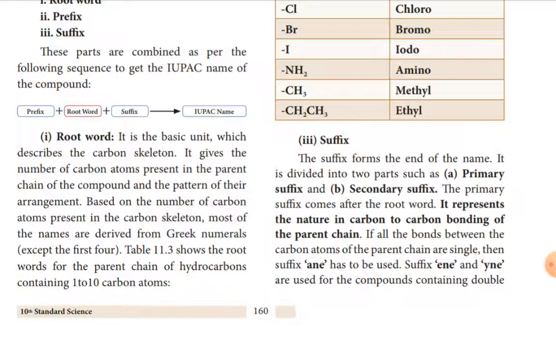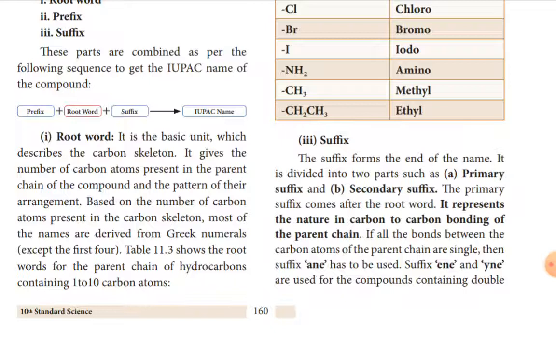Double bond means 4 electrons, 2 pairs of electrons are shared between the combining carbon atoms. So if double bonds exist, it falls under the family of alkene: ethene, propene, butene. The name ends with ene.